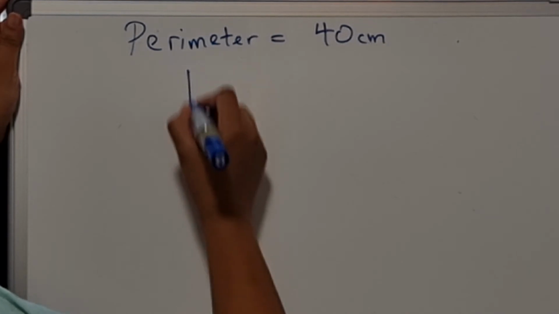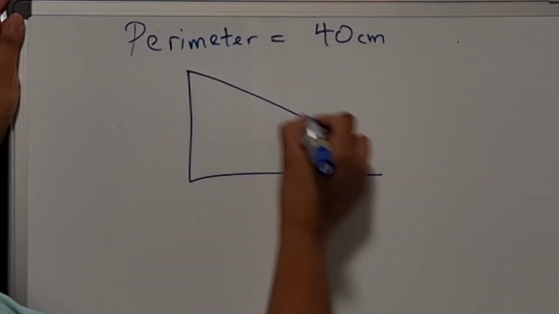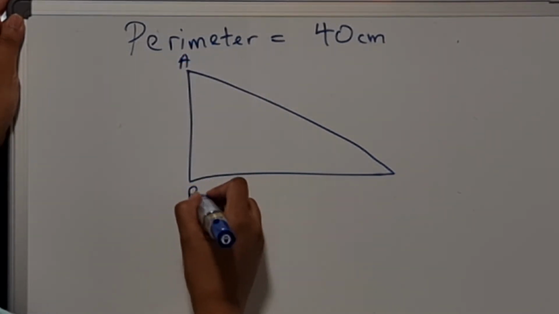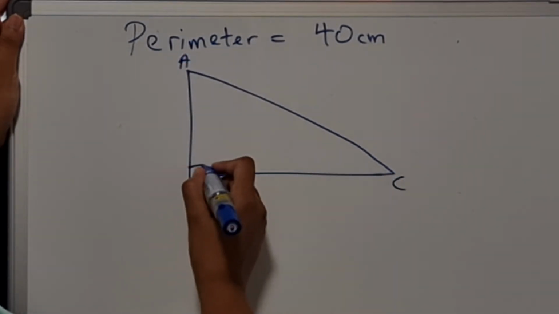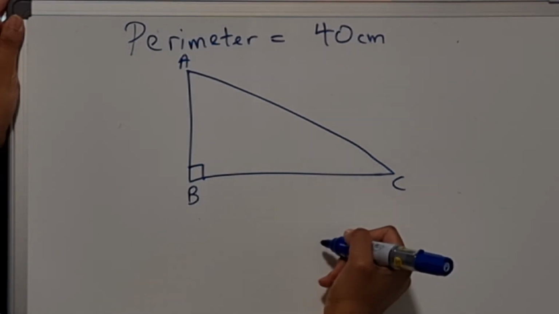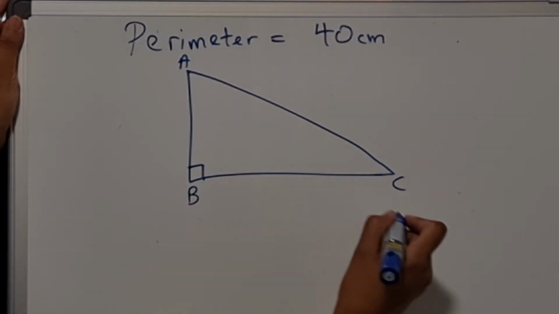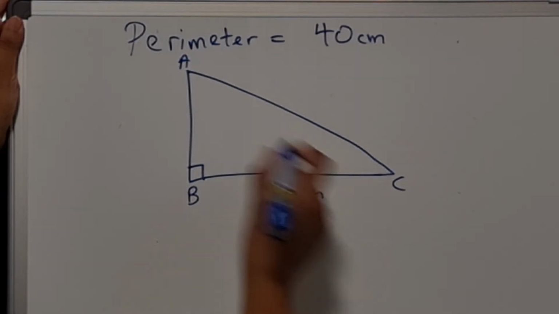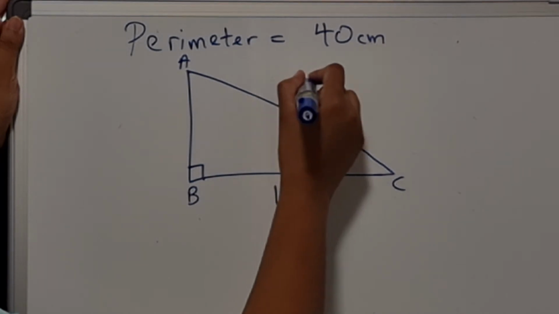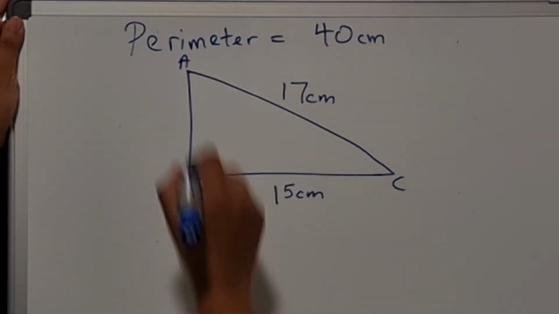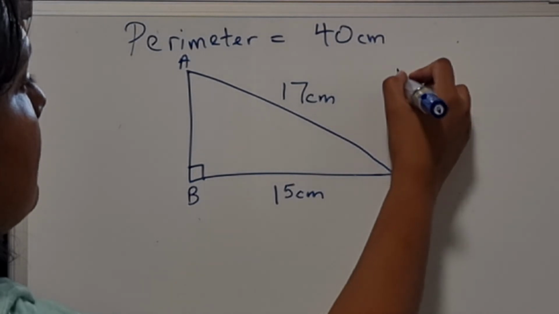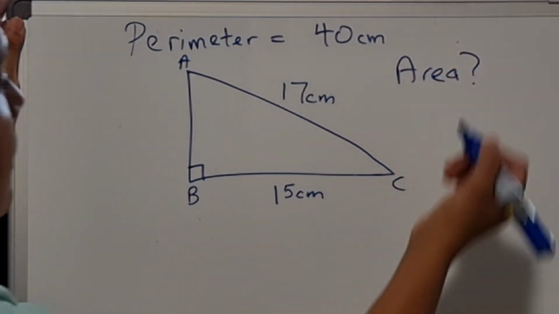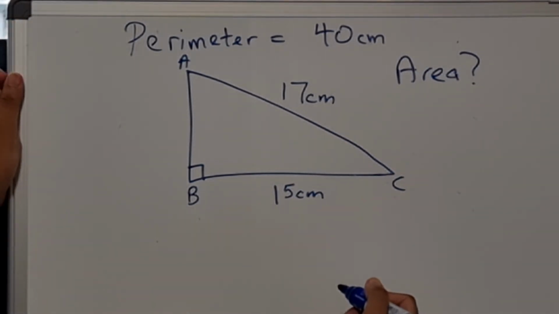And then they draw the triangle. Okay, A, B, C. Okay, so they tell you B to C is 15 cm. A to C is 17 cm. And then they want to find area. Okay, how do you do this?